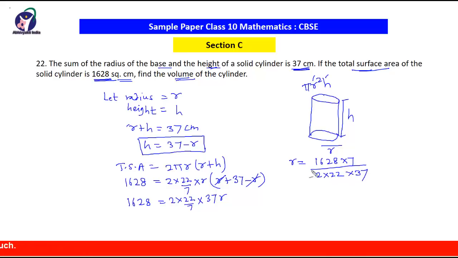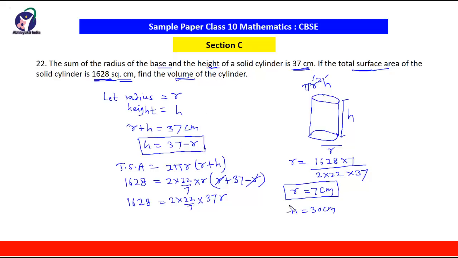If you solve this, then you will get r is equal to 7 centimeter. Highlight this, because here you have got the radius of the base of the cylinder. Now r is 7 centimeter, so put the value of r here. 37 minus 7 is 30, and therefore h is equal to 30 centimeter.